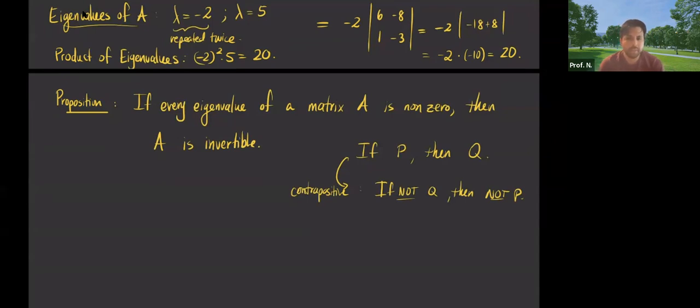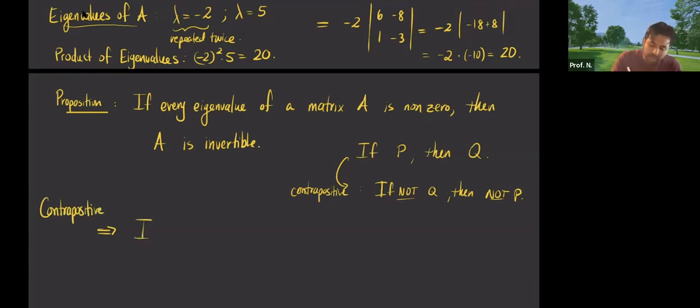So our P here would be every eigenvalue of the matrix A is non-zero, and our Q would be A is invertible. So if we find the contrapositive, so a lot of these theorems are built this way. They're expressed using logical statements.